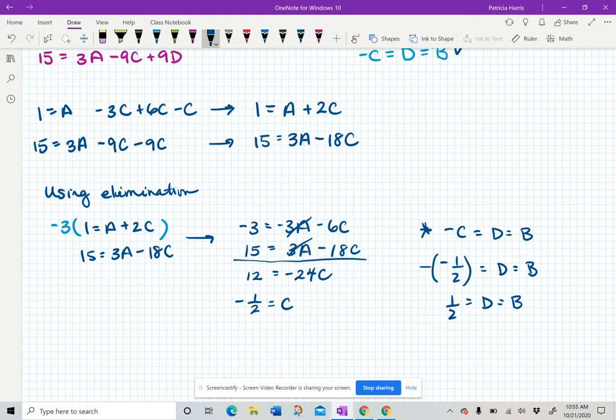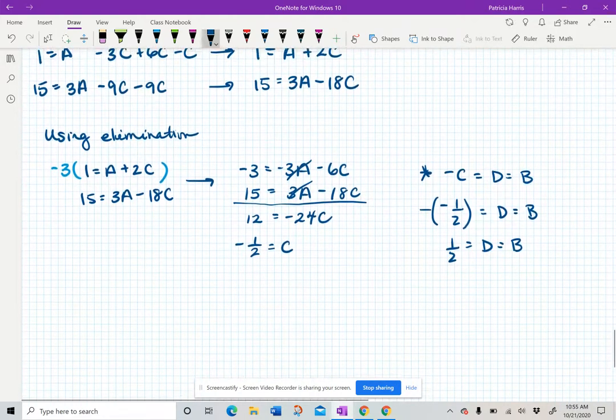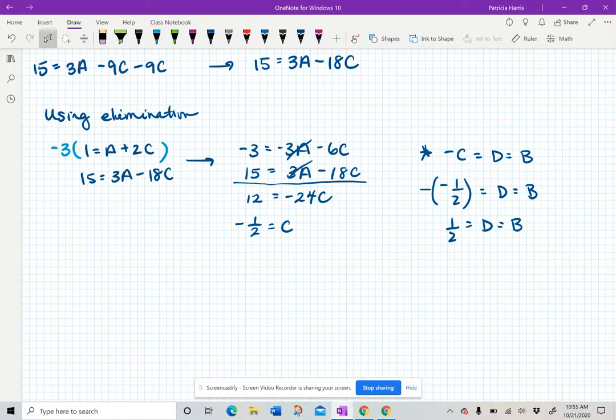Let's see here. So, I'm going to get a fraction, but that's okay. All right, so let's use 1 equals a plus 2c. Like that. Oh, look at that.